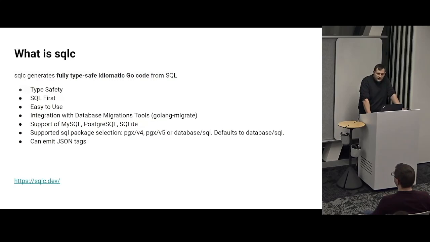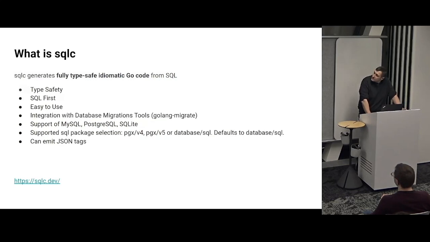From that, we run SQLc according to its configuration, and we get our Go types and Go functions that are pretty much easily able to communicate with the database. It's really easy to use. There are basically only 3 files that you need to configure, and they're basically self-explanatory.